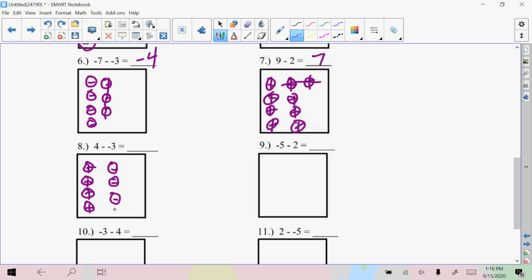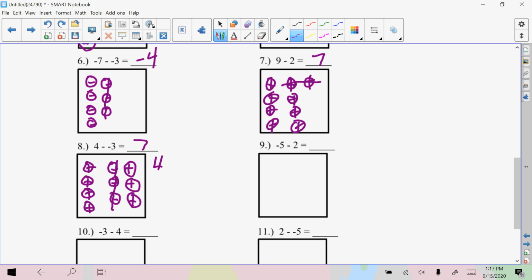Now, you can't just put those in there unless you're adding zeros all the time. So if I make each of those zeros, then I'm okay. See, now I just have my original 4 plus 3 zeros, which is fine. Now I can take away those 3 negatives, and I can see that I end up with 7 positives.